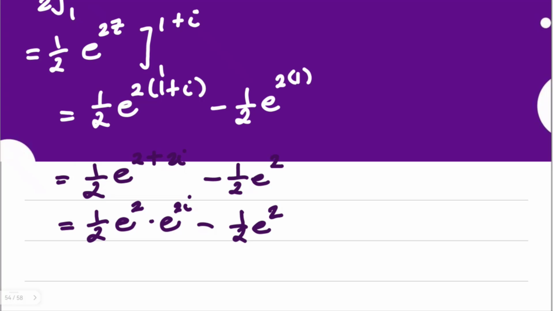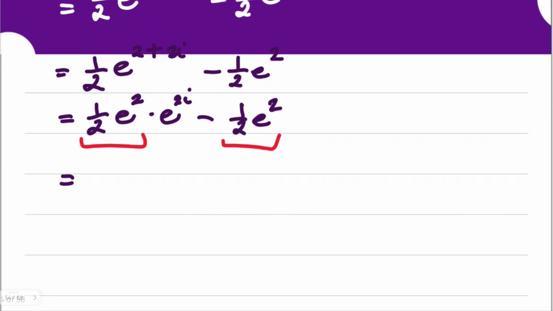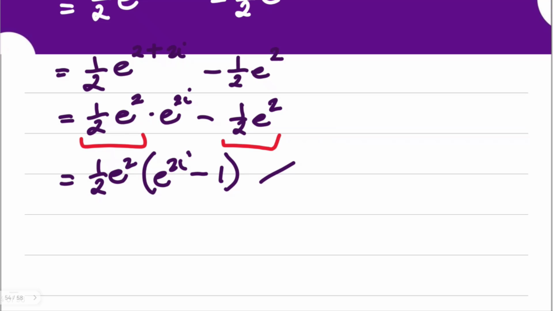I'm doing that because I can factor this entirely out. So what we have here is simply 1/2 e squared times (e to the power of 2i minus 1). This is one version of the answer, where we factored 1/2 e squared from our expression.